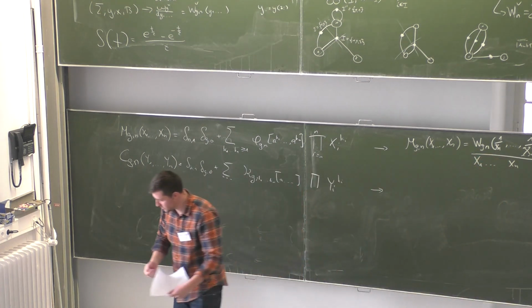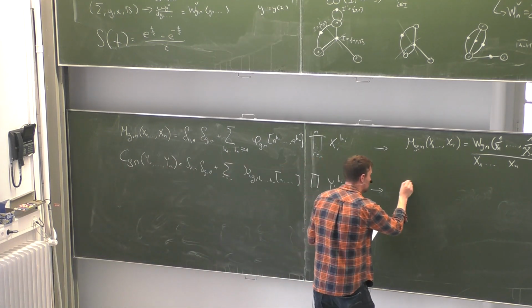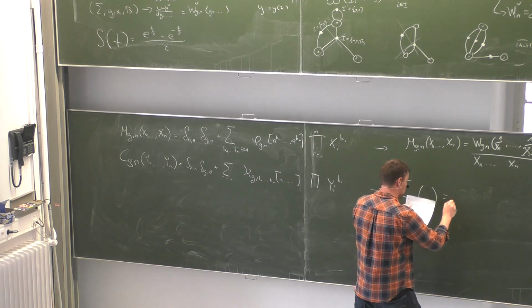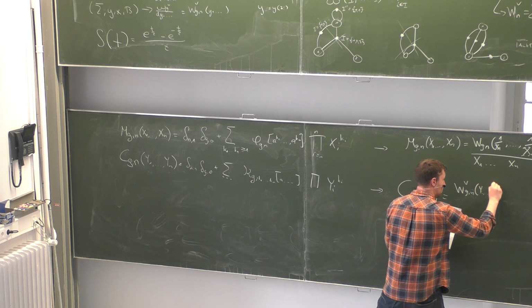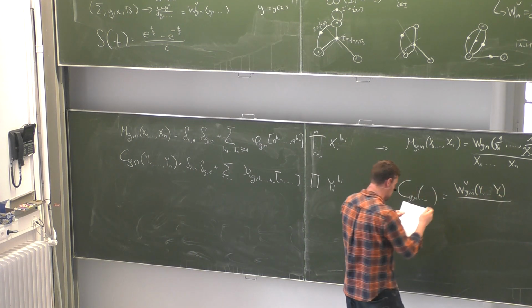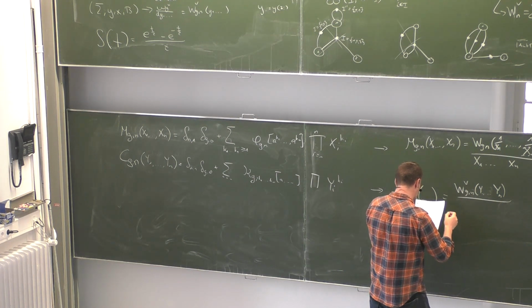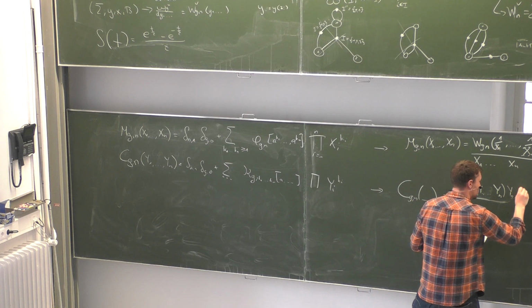And the other one is the W check_{g,n}(y_1 up to y_n). Here we take the inverse, here not, but we multiply y_1 up to y_n.